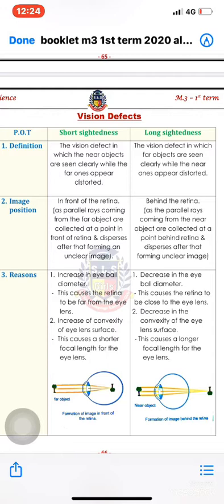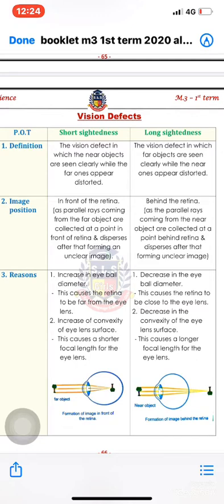Let's see the definition. Number 1, short-sightedness is the vision defect in which the near objects are seen clearly while the far ones appear distorted. In short-sightedness I can see the near object very clear, perfect, while the far ones are distorted. I cannot see them well.